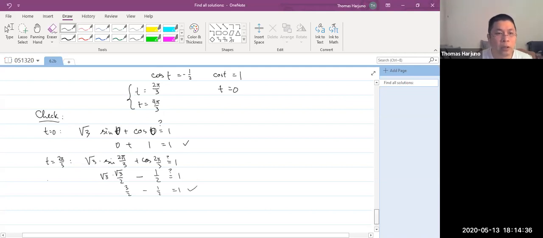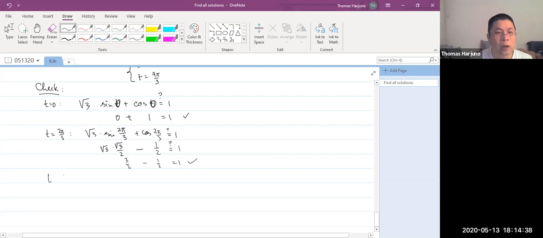How about t equals 4 pi over 3? Square root of 3 times sine 4 pi over 3 plus cosine 4 pi over 3, is it equal to 1? Which is square root of 3 times negative square root of 3 over 2 minus 1 half.